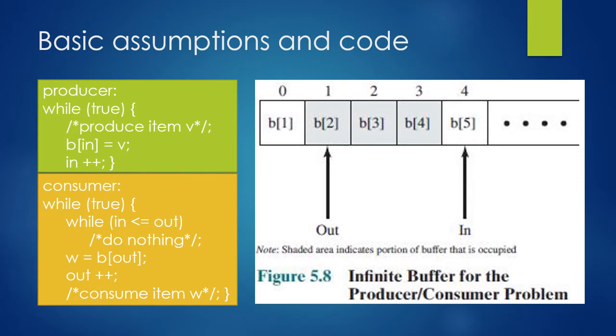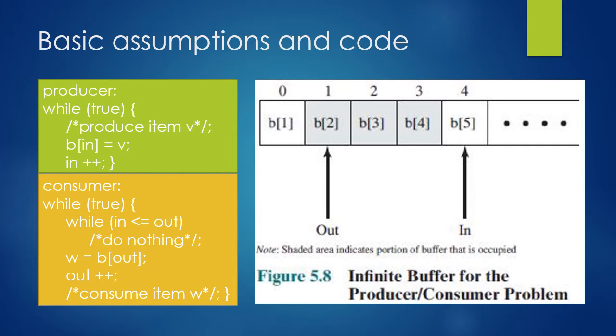The consumer proceeds in a similar fashion, but must make sure that it does not attempt to read from an empty slot. Each time the consumer takes data from a buffer slot, it increments the variable out. Out points to the slot in which the consumer will do its next deletion.